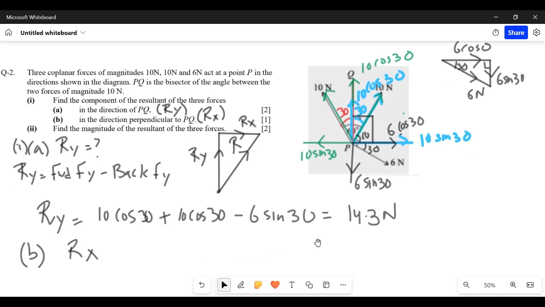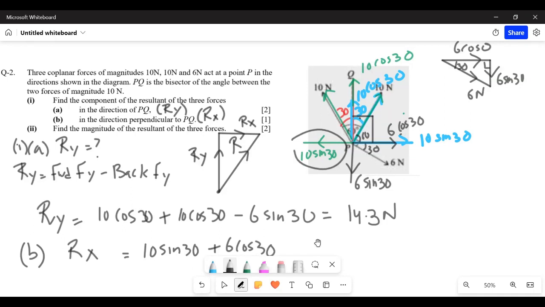So forward forces are 10 sine 30 plus 6 cos 30, and the backward force is minus 10 sine 30.